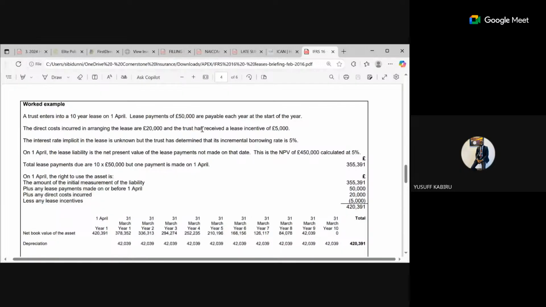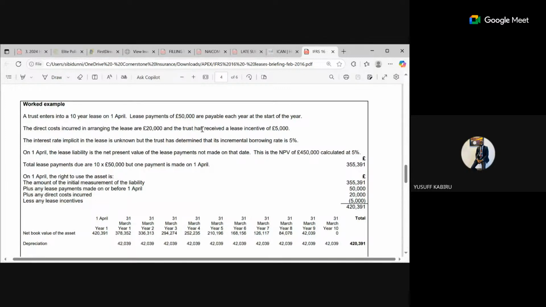You said 290,074. It's not aligning with what we have here. 290.25, 290.07, not aligning.